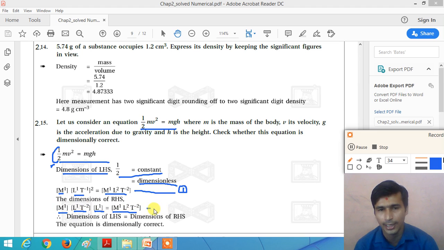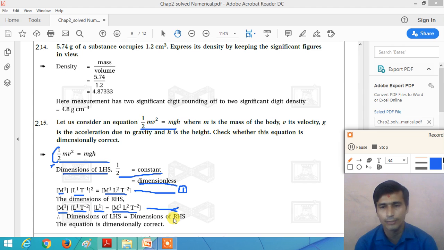So on the right hand side, we get the dimensional formula M1 L2 T minus 2, right? So the left hand side dimensional formula is M1 L2 T minus 2, and the right hand side we get M1 L2 T minus 2. So here the dimension of the LHS and the dimension of the RHS are the same, right?